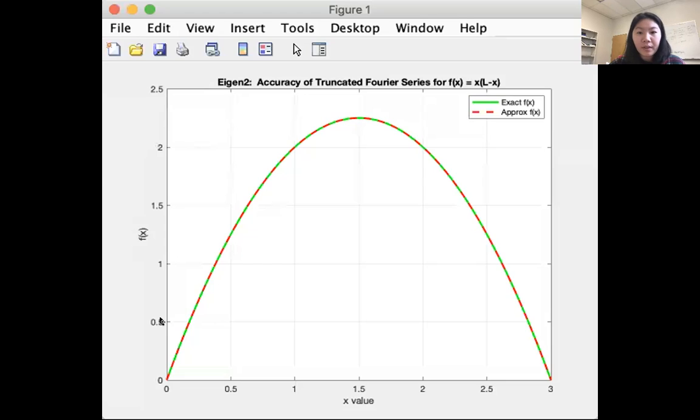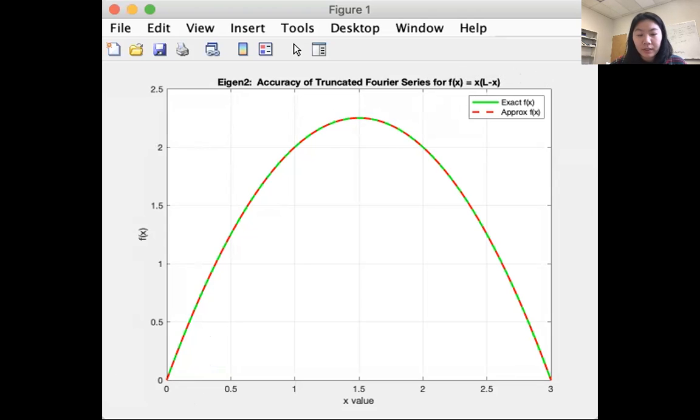After running, you will get a picture. This picture is basically the exact function versus the approximate function, where this approximate function is expanded by Fourier series. And you can see they are perfectly overlapping, including at the boundaries.